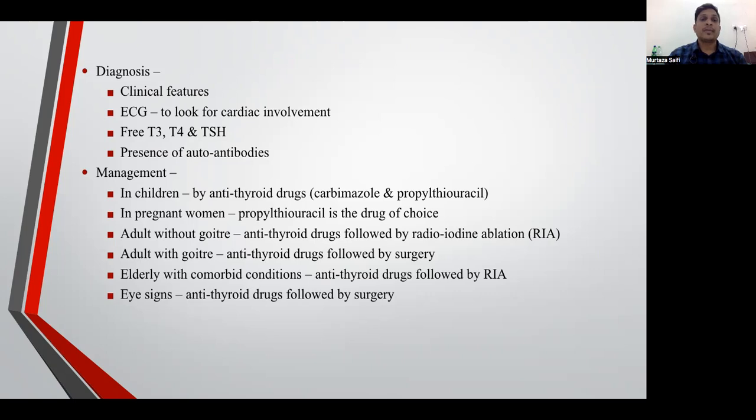Adult with goiter, antithyroid drugs followed by surgery. Then elderly with comorbid conditions, antithyroid drugs followed by radioiodine. Then eye signs, antithyroid drugs followed by surgery. So these are the different management options.